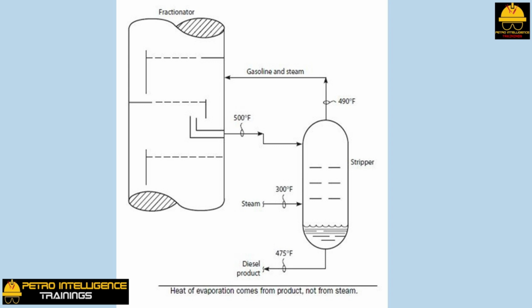I then screwed a steam trap onto the 0.75-inch drain valve on the steam supply line. The stripper bottom's temperature increased by 35 degrees Fahrenheit, and the flash temperature of the diesel product increased from 120 to 175 degrees Fahrenheit.